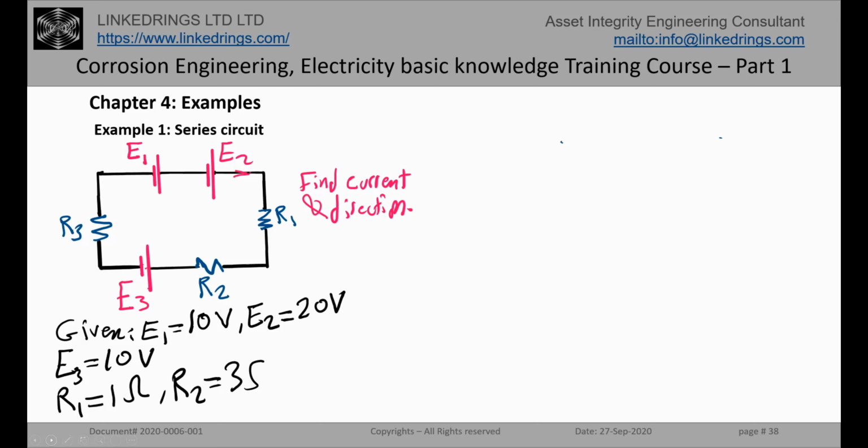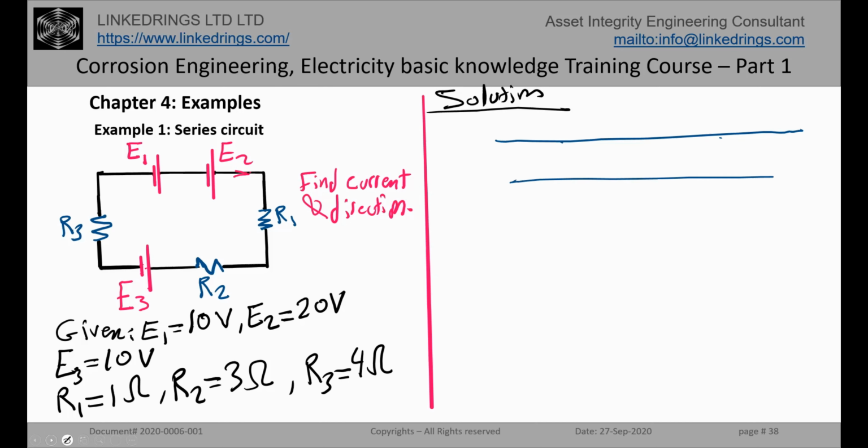The value of E1 is 10 volts, E2 is 20 volts, and E3 is 10 volts. R1, R2, R3 are given values, 1 ohm, 3 ohms, and 4 ohms. There is a way I like to follow for solving this kind of problem, which is making a table like this.